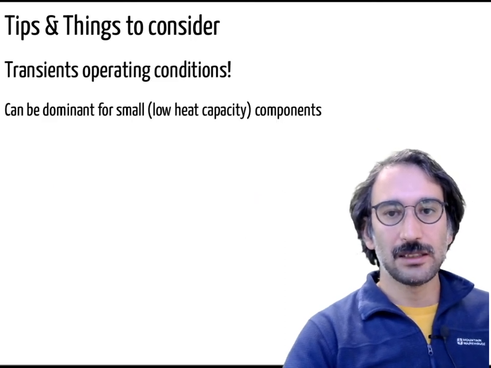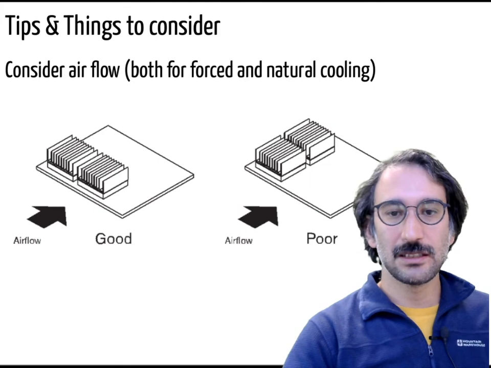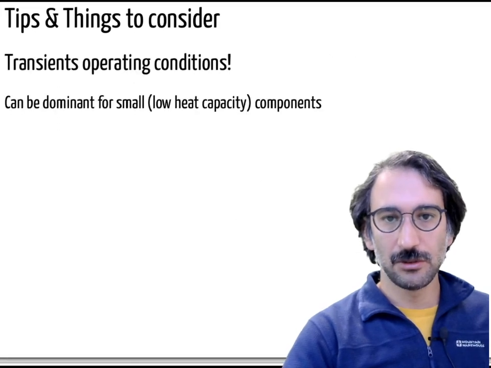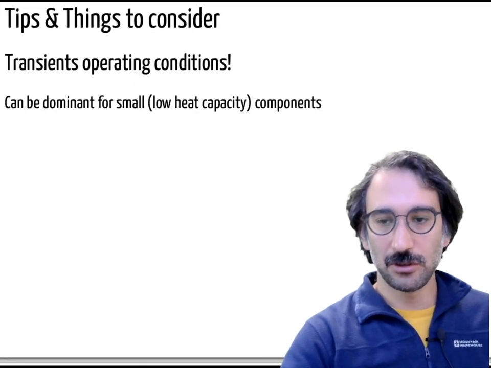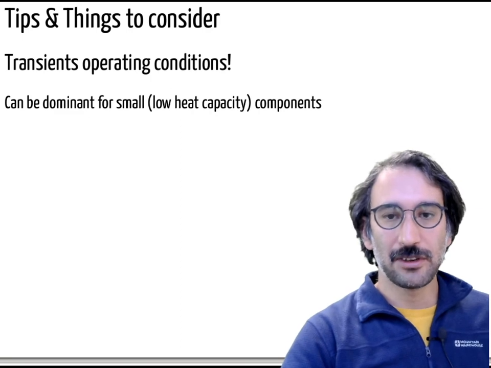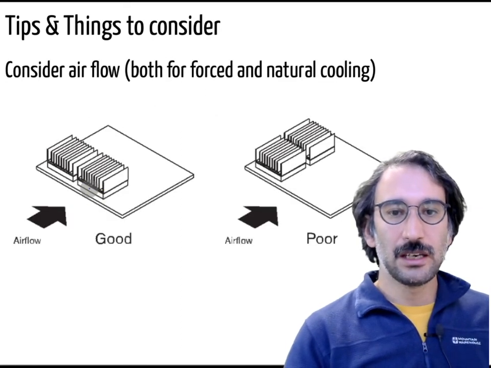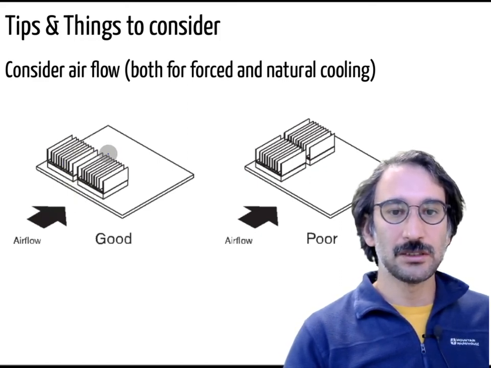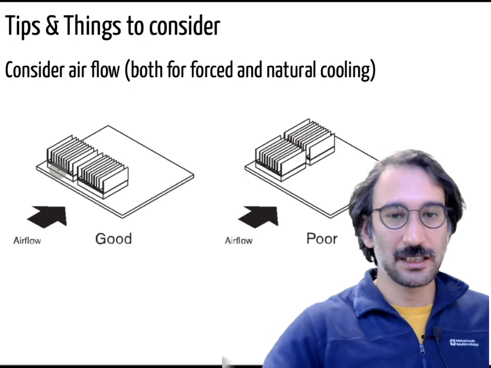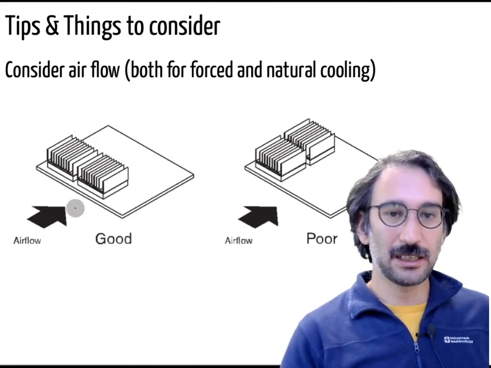Other thing, for transients, you need to be careful about low heat components. Actually, I had a graph here, but I think it's not shown. Anyway, again for airflow, you need to be careful about connecting them in cascade mechanically.